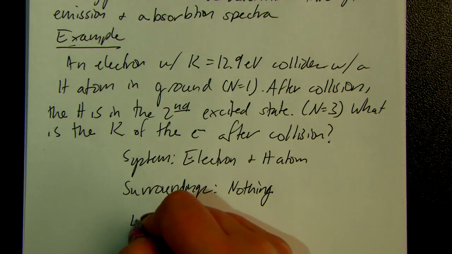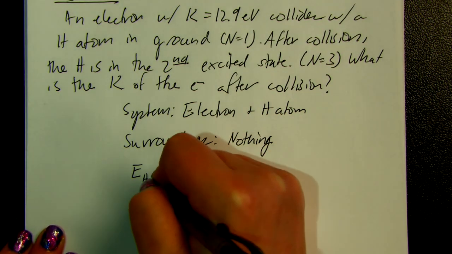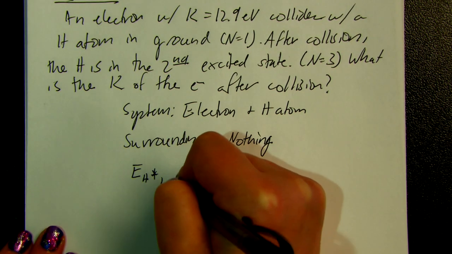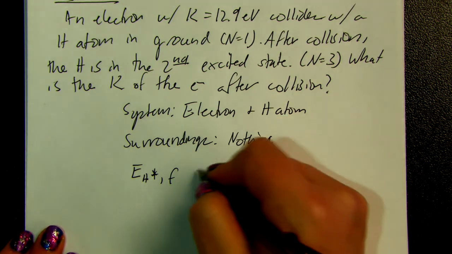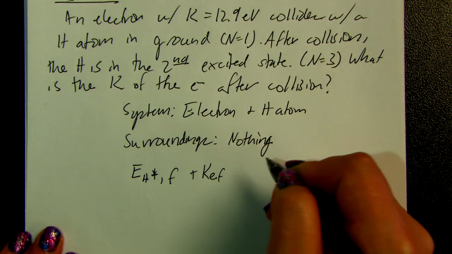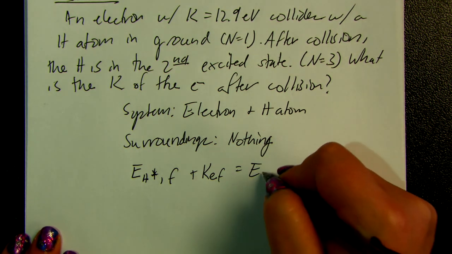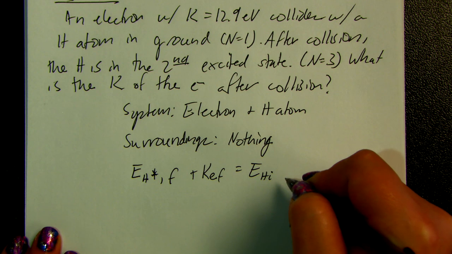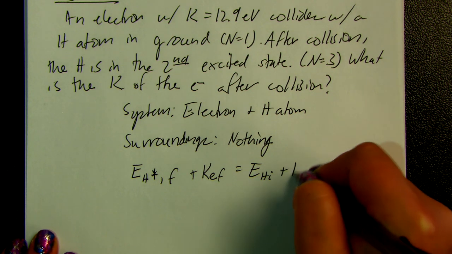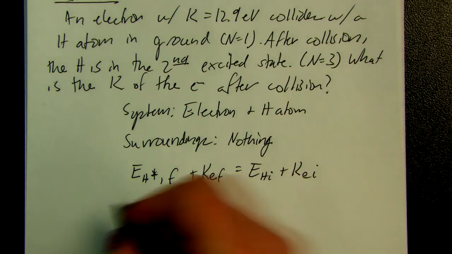So once again, we're going to set up our energy principle. When in doubt in these chapters, always start with the energy principle. So we end with an excited hydrogen atom and the electron with some final kinetic energy, and this must be equal via conservation of energy to the initial energy of the hydrogen plus the initial kinetic energy of the electron.